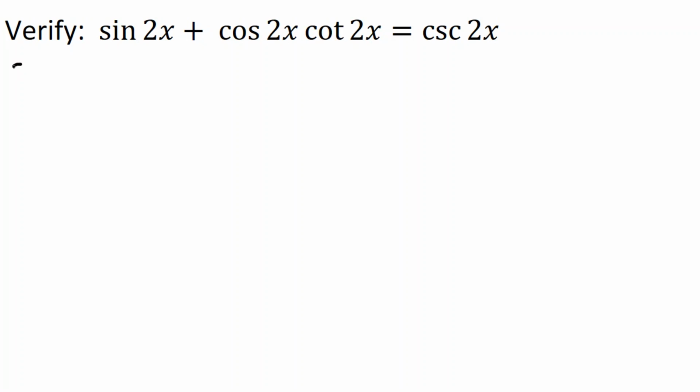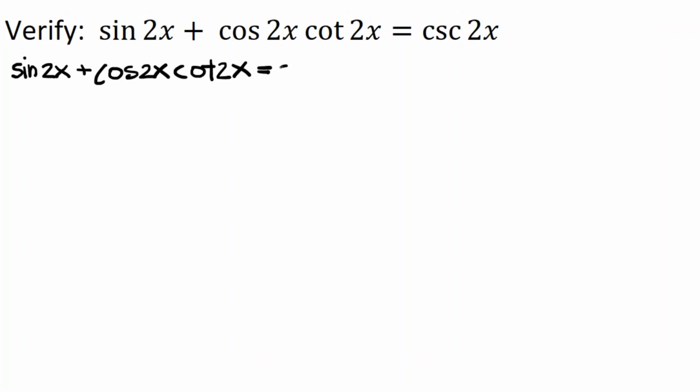So I'm going to start off with sine 2x plus cosine 2x multiplied by cotangent 2x, and I want to think about, what does that equal? What do I have to do to show eventually by a series of logical steps that this equals cosecant 2x?